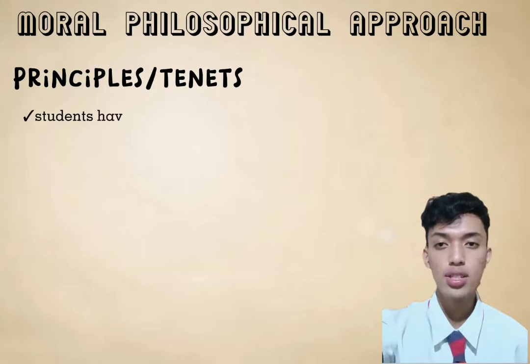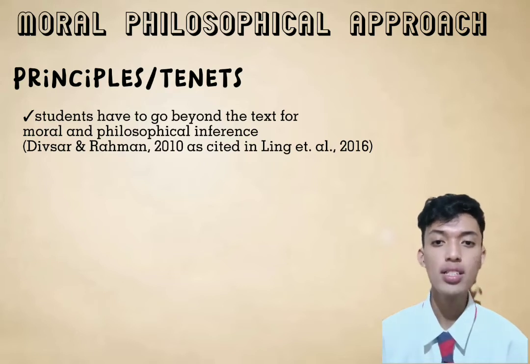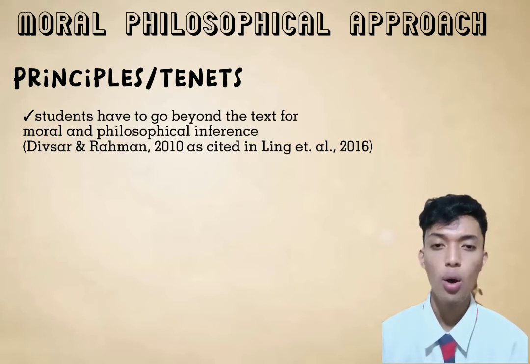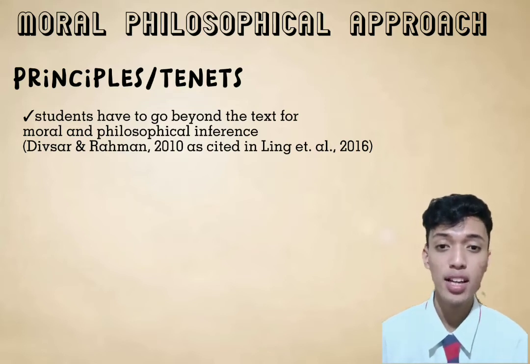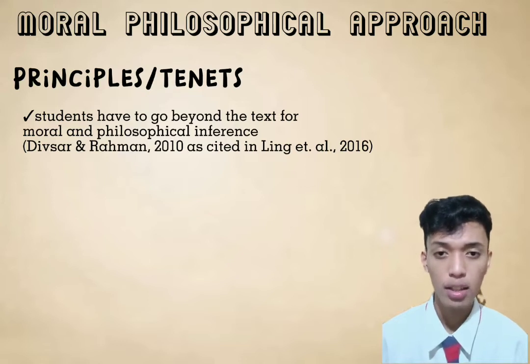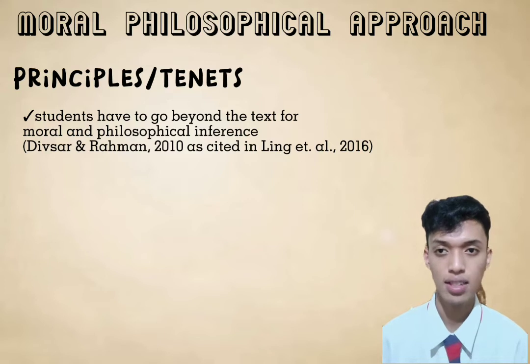The next one is students have to go beyond the text for moral and philosophical inference. This means that students should not just read the text plainly or analyze the physical structure of the literary text, but they should go beyond that. Students have to determine the moral and philosophical values that are embedded in that literary text.